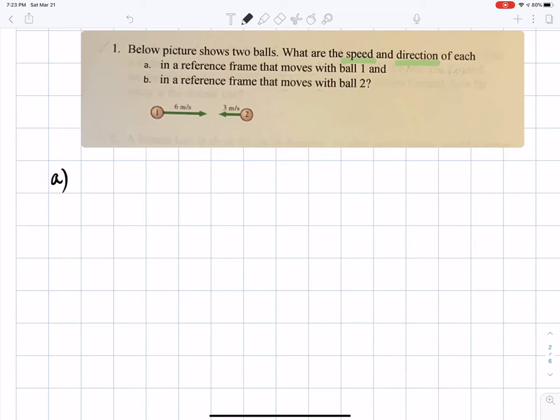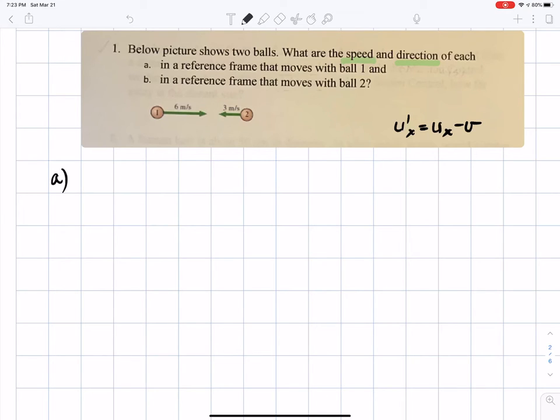So in a reference frame that moves with ball 1, you can actually use the Galilean transformations. I'm going to put one here so we remember: u prime of x equals ux minus v. We're going to go carefully and look at what is happening.